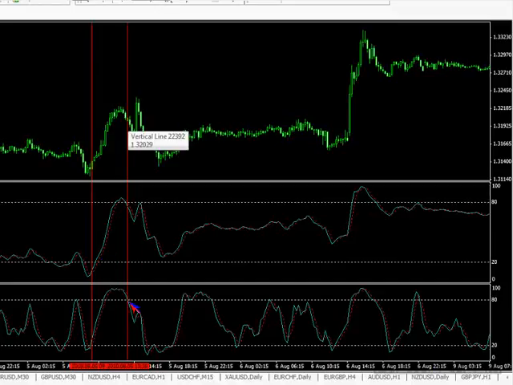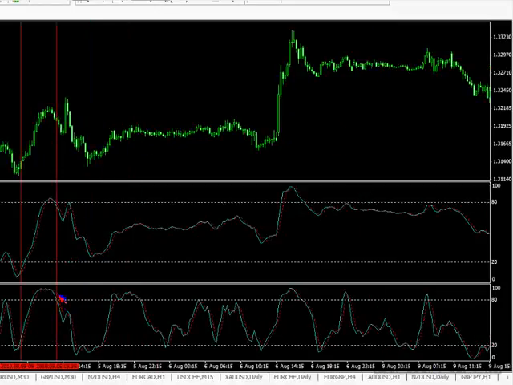So I will attempt to sell once this candle, the one with the market opens, makes both lines cross the 80 line.